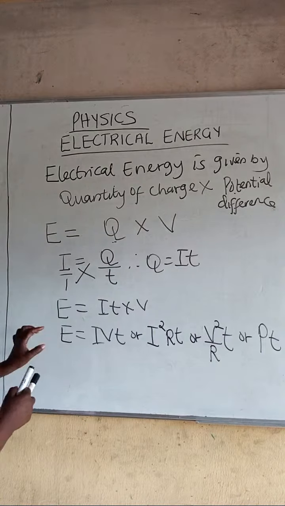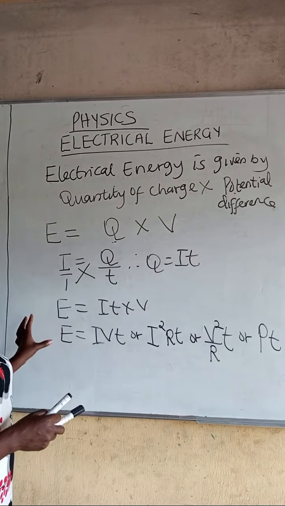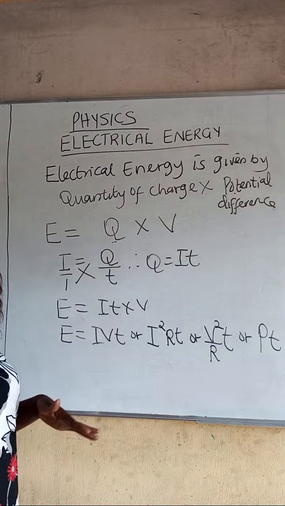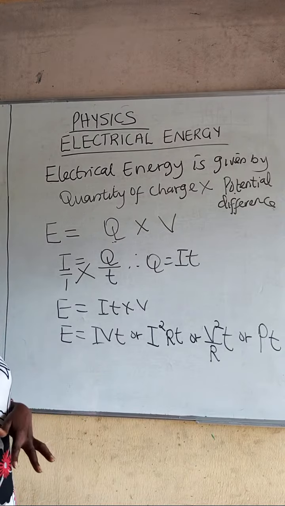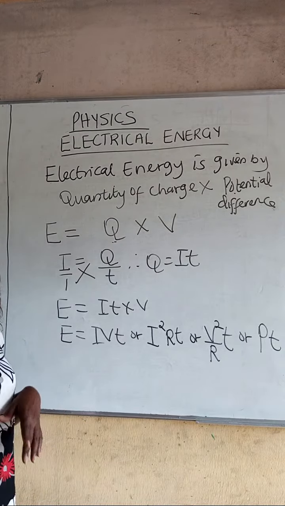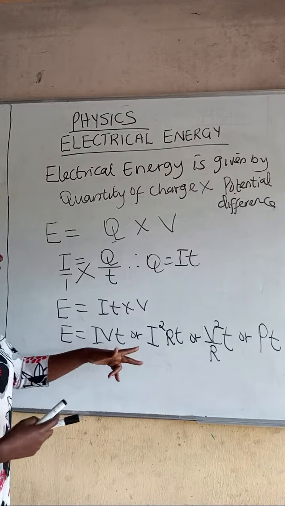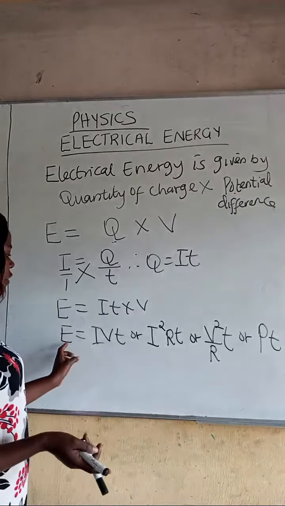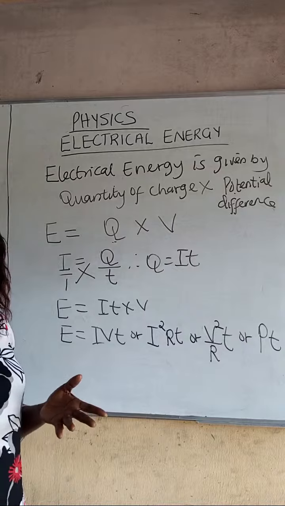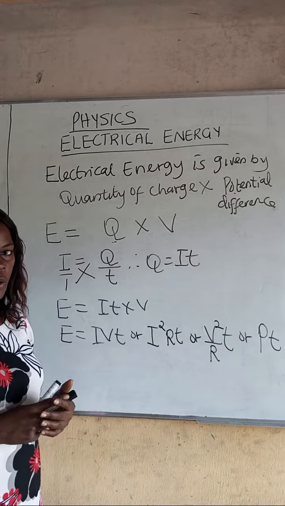Electrical energy is not only called electrical energy; we can still call it electrical work or electrical heat. They are the same because they are measured in joules. So we can use any of them to solve problems involving electrical energy, electrical heat, and work done.